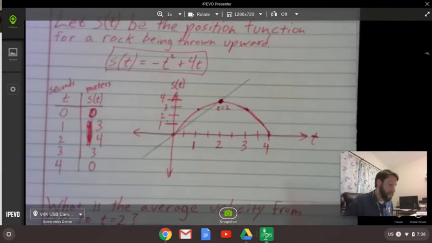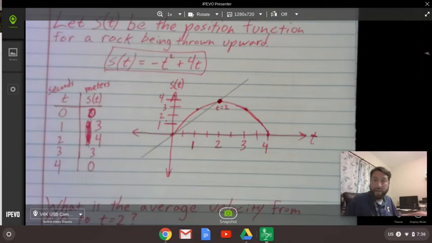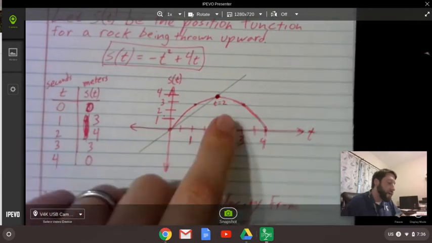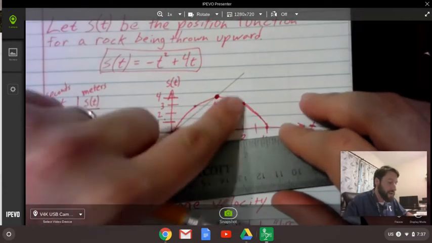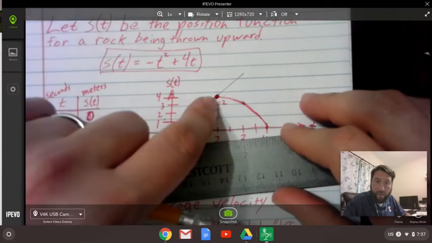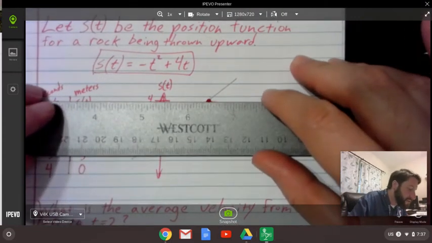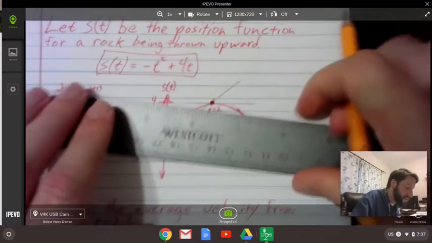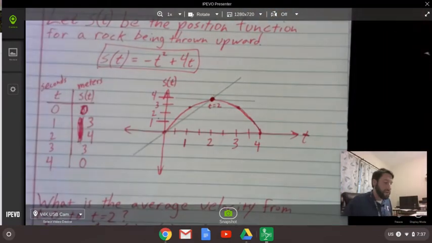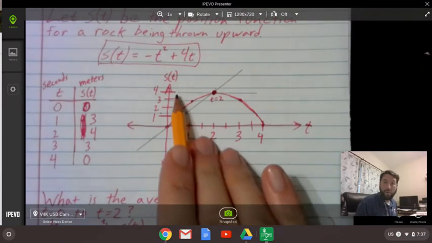So again, if I'm looking at a point right here for instantaneous velocity, well, my tangent line is a line that hits this point only once, okay? It doesn't go through this curve twice. It only goes through the curve one time. And you can probably already see this, but my tangent line is going to be just a horizontal line. And the slope of a horizontal line is 0.